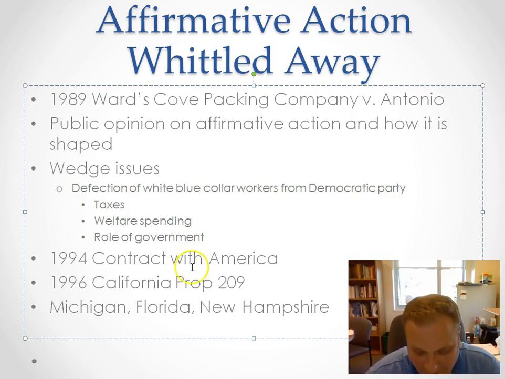And you also see similar bills now enacted in Michigan, Florida, and New Hampshire. The Supreme Court recently upheld those laws, these state laws preventing affirmative action in these areas.